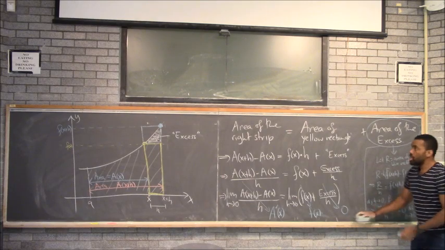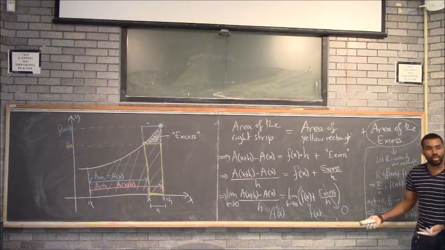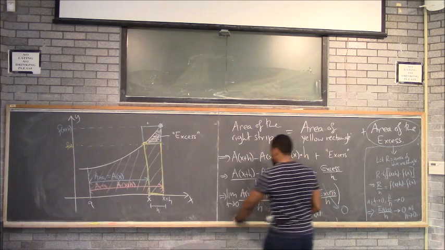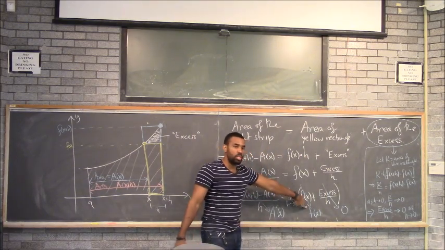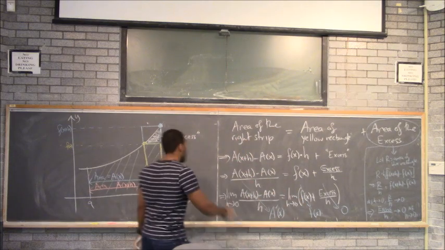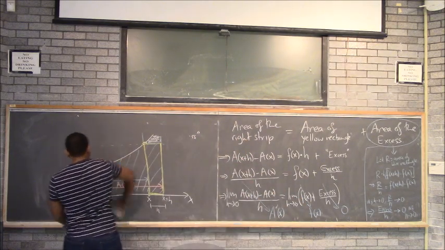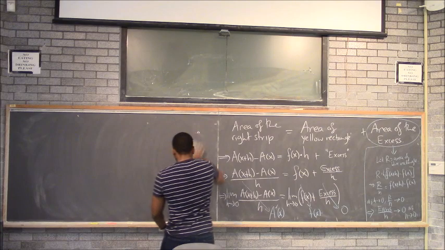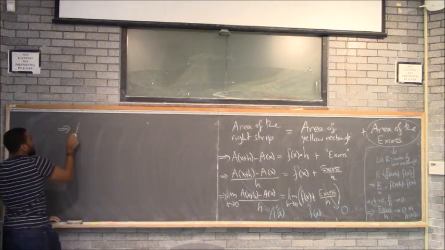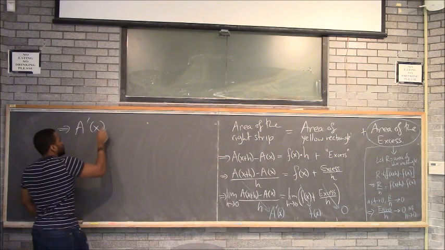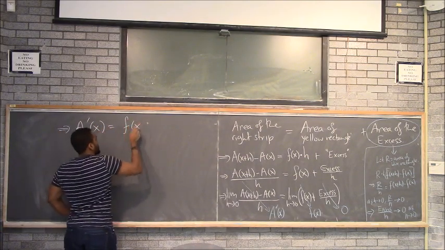In other words, if I pretended that I could find such a function, how would it behave? The derivative of that function would be the original function I wanted to find the area under. What this means is that A prime will actually equal f of x.